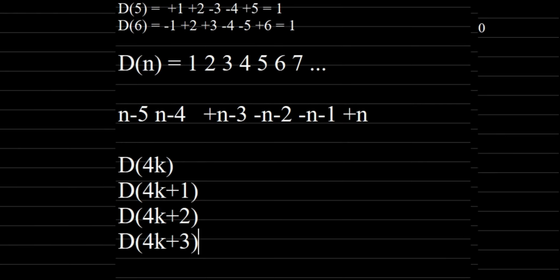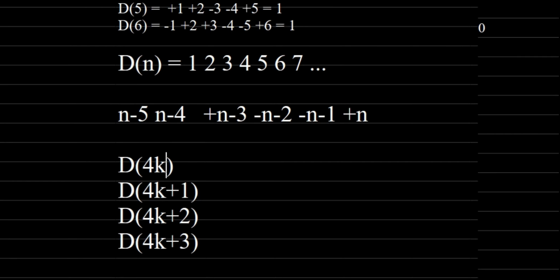These are the only 4 types of numbers we will be dealing with. Any number can be represented as 4k, 4k plus 1, 4k plus 2, or 4k plus 3. So the number 1 falls in the 4k plus 1 category, where k is an integer.